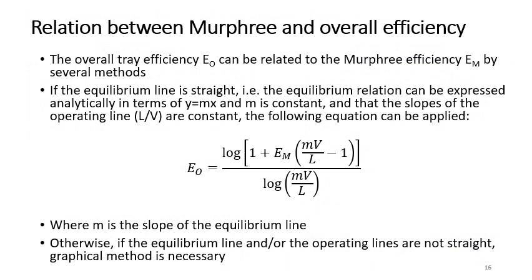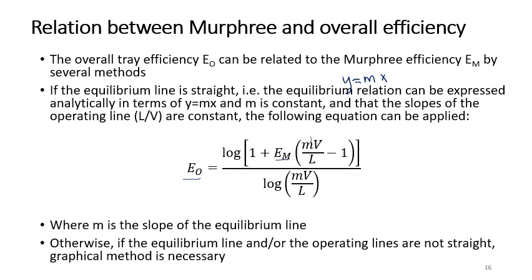You can relate Murphree and overall efficiency using several methods. One easy method is if the equilibrium line is straight, i.e. y equals mx, where m is constant, and the slope of the operating line L over V is constant. You can use this equation to relate EO and EM.